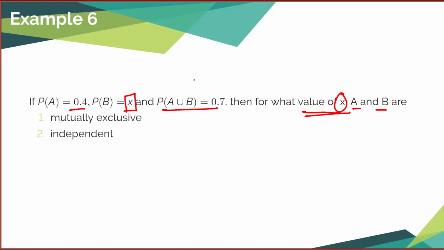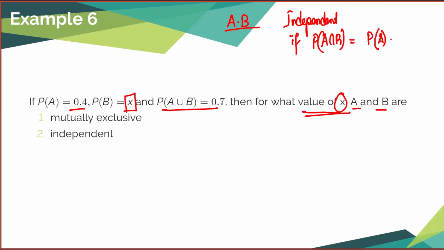So before solving that, let's recap when two events A and B are called mutually exclusive, and when they are called independent. Two events A and B will be called independent if probability of A intersection B is equal to probability of A into probability of B, right?